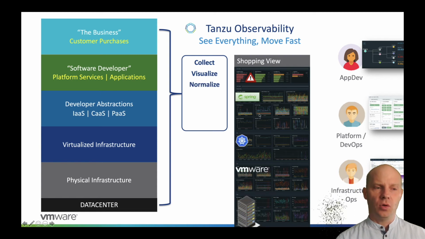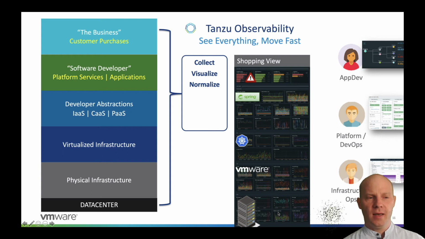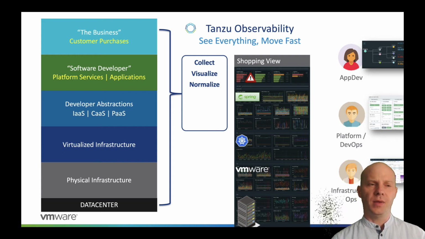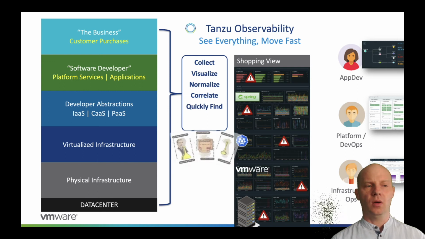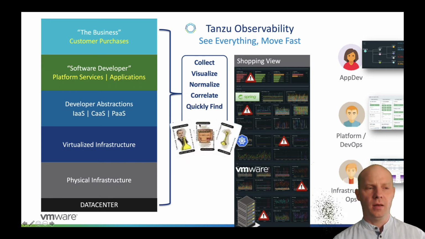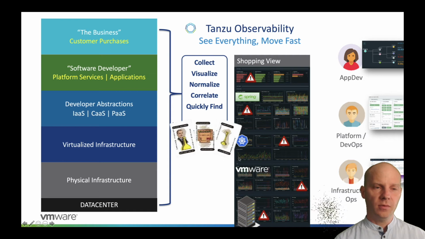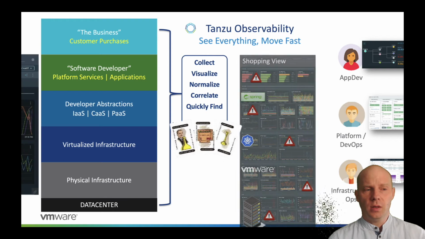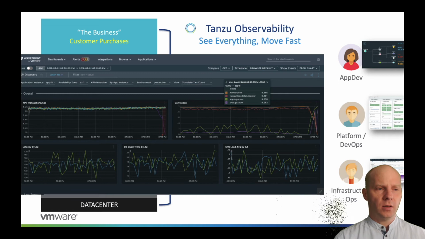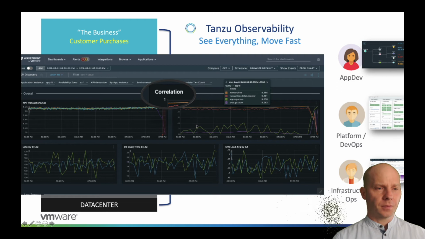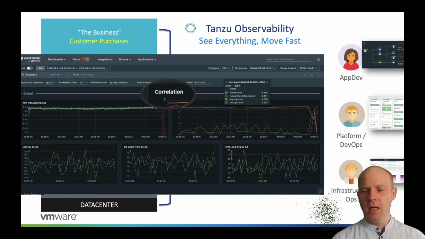The data then gets normalized so that we can compare the different data points with each other and correlate issues that we are seeing in the stack to make sense of what is going wrong or going on in my infrastructure or application. This helps me a lot in identifying root causes, and I can go even deeper and correlate certain metrics where I find an issue with each other. And this is something that we'll see in the demo as well.